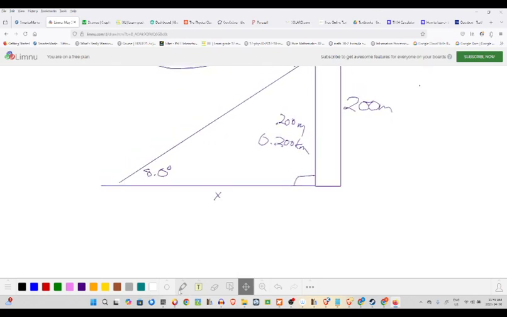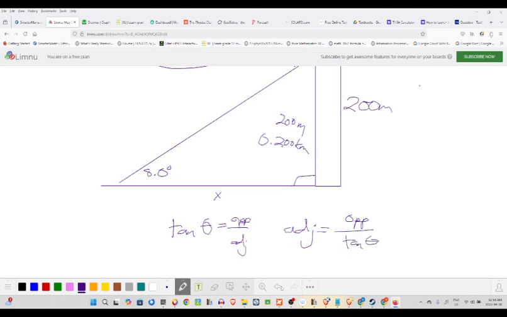Now we are given the opposite. We're asked for adjacent. So tan theta is the opposite over adjacent, which means the adjacent side is going to be the opposite over the tan of theta.